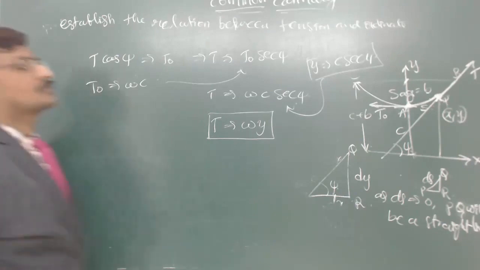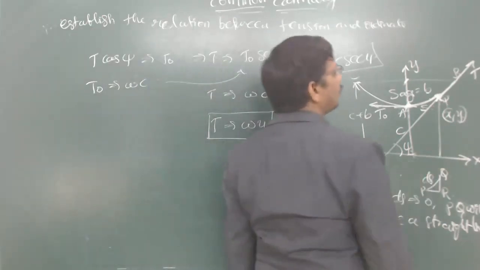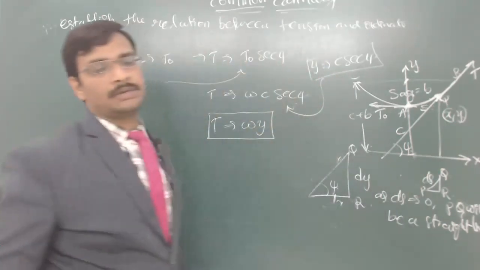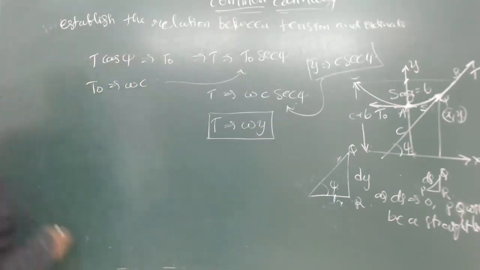And then there is one more thing: find the radius of curvature at any point of the catenary.